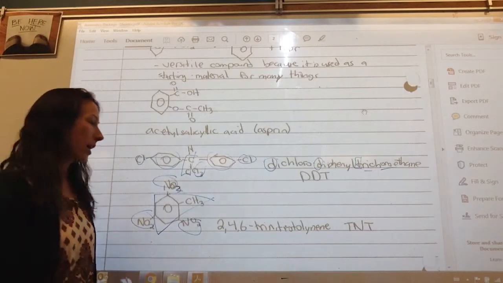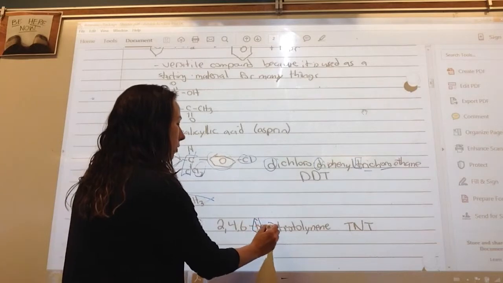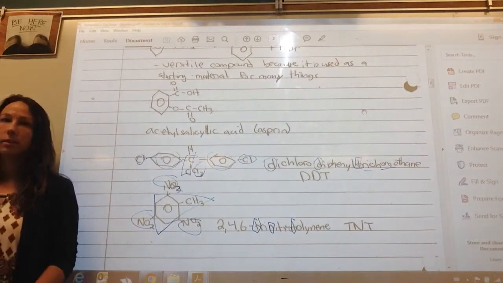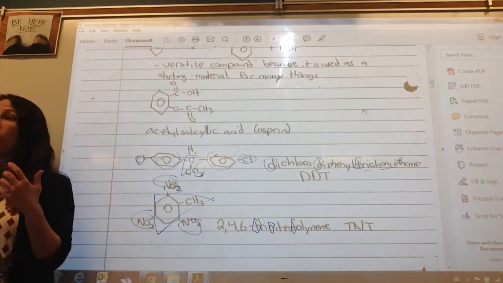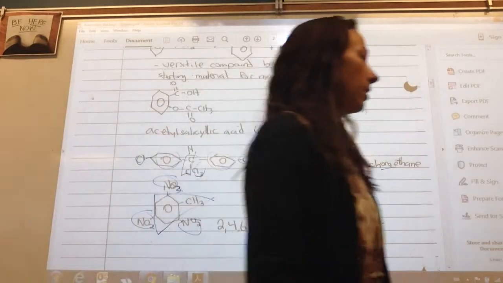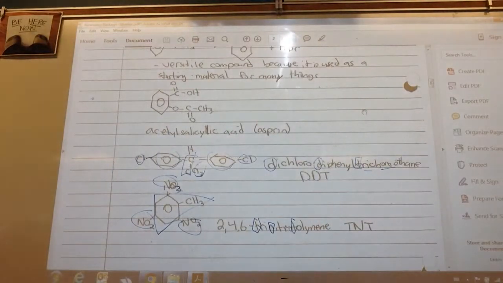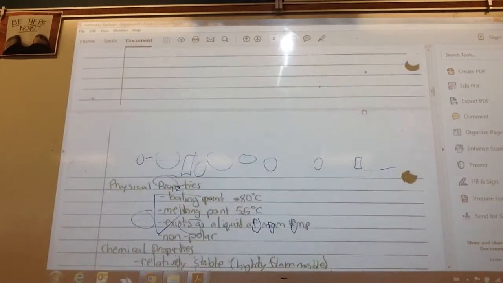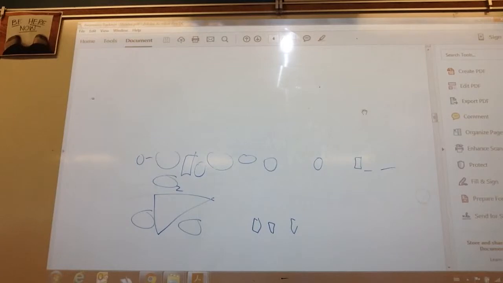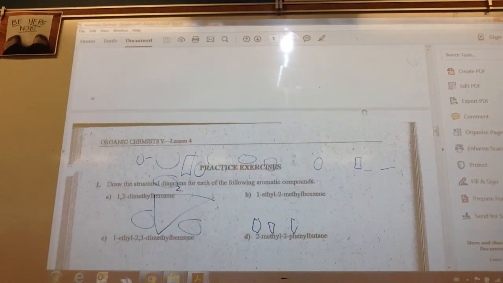So here's trinitrotoluene, TNT. And again, this is an aromatic. All these things are aromatics that exist in your life, hopefully not every day. I'm hoping DDT is not in your everyday life, but anyway.